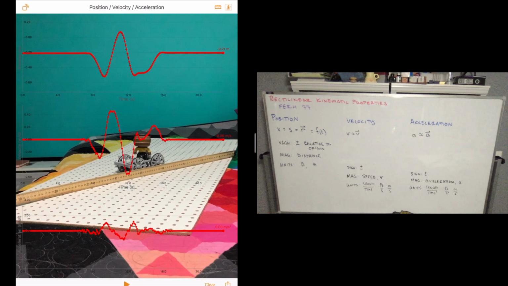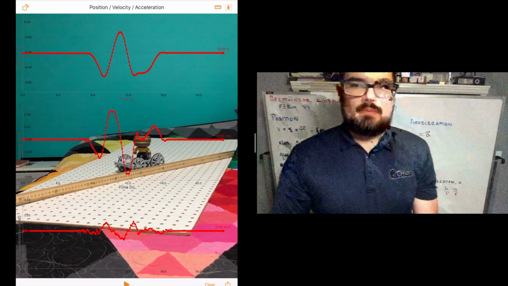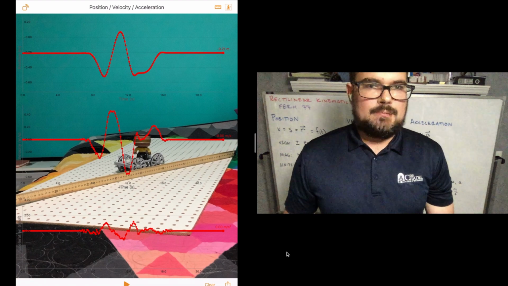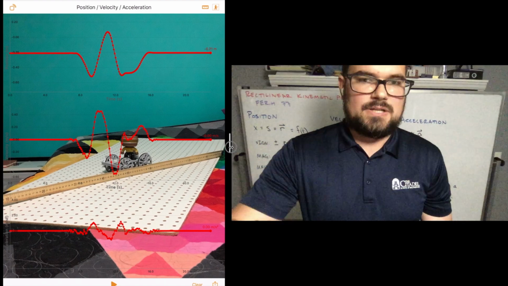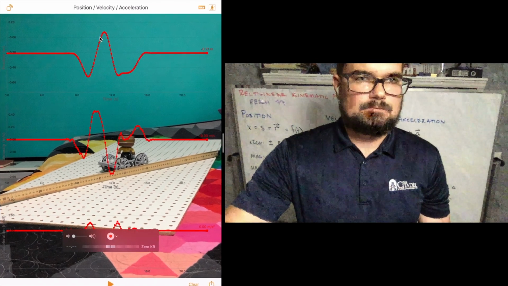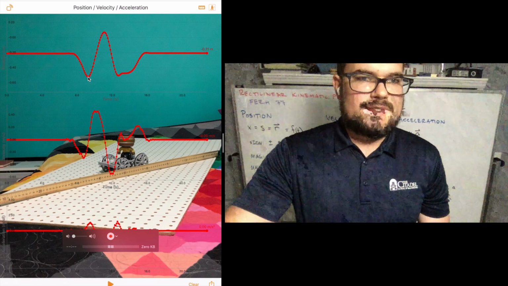And now we can play with this in relation to what's happening there. So you can see where my position started off. It looks like I have a little bit of a zeroing problem, but hopefully that won't create too much of an issue for us. Okay, so we got our zero values right through here. And then we saw where the motion went negative.